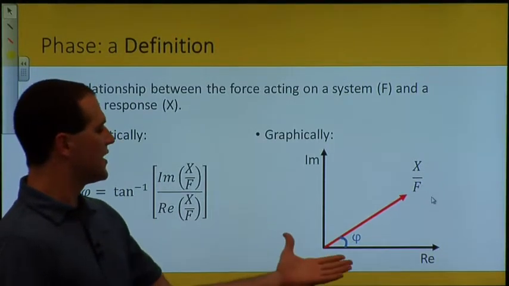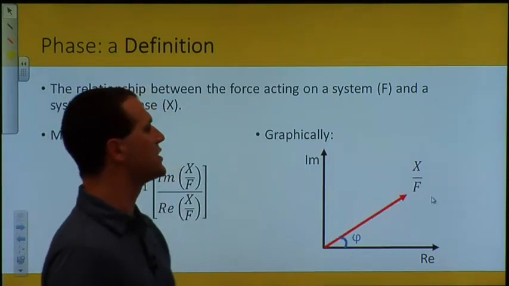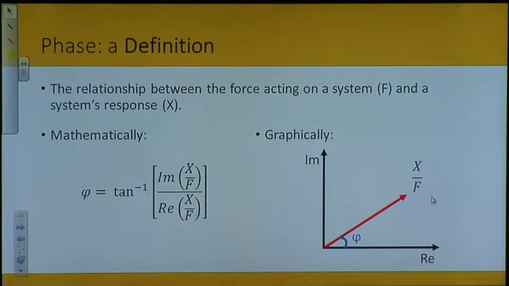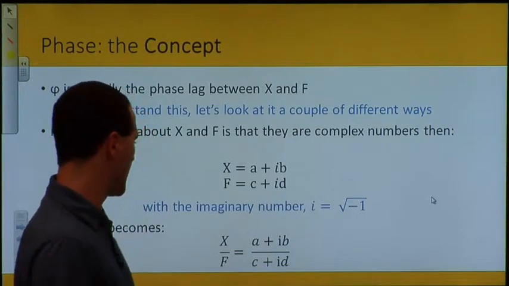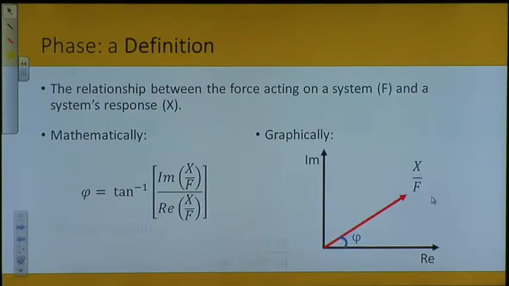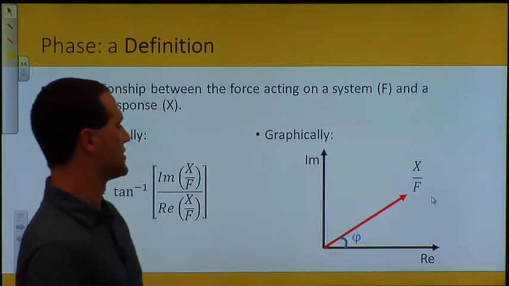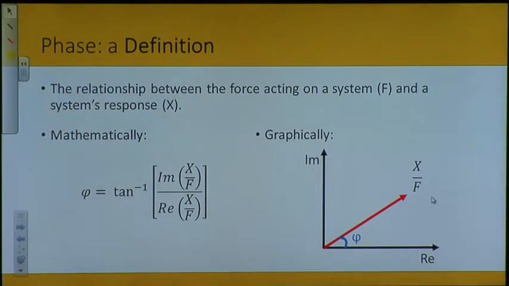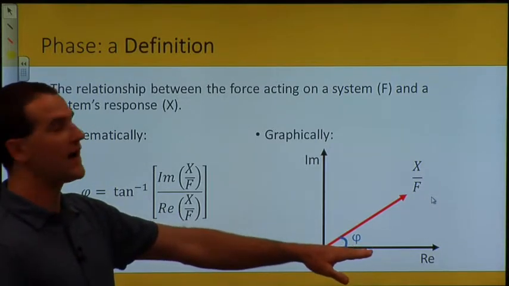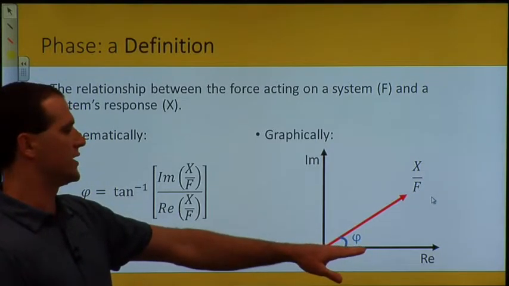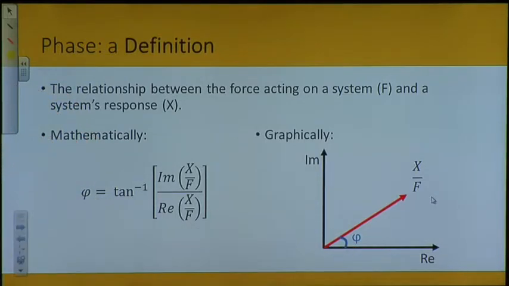So instead of developing these things as separate entities, we have this ratio of the response over the forcing or the excitation force, and we show it here in the imaginary versus real, so the complex plane. Here the phase angle phi is simply the angle between this vector and the real axis.